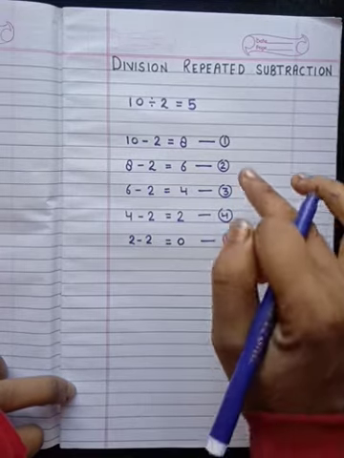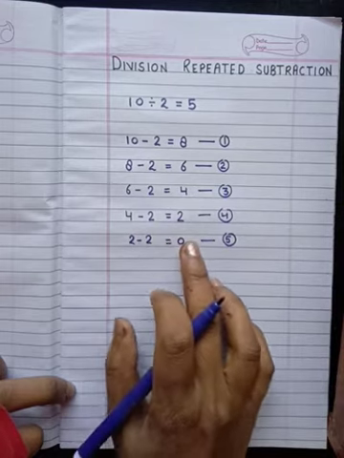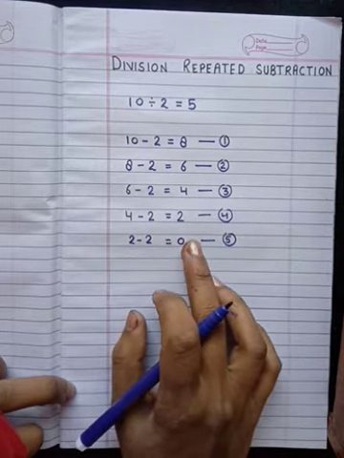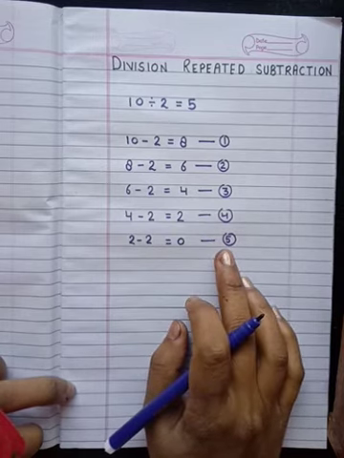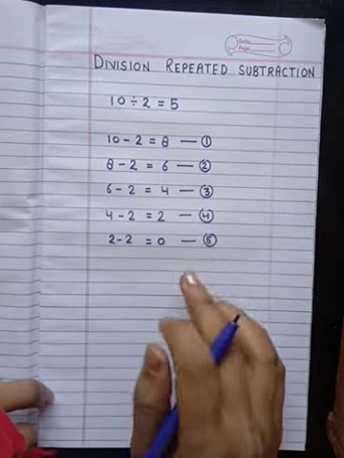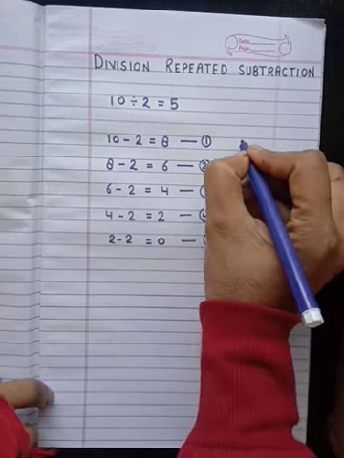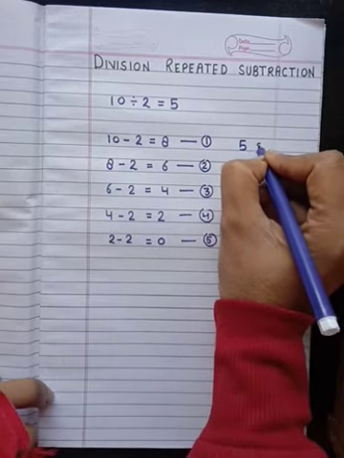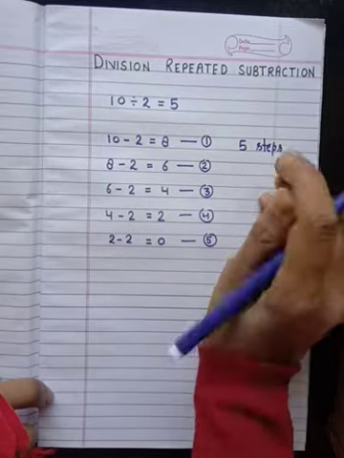So we have taken these 5 steps to get the 0. Students, is it the quotient? Yes. Now you can see here how many steps? 5. We have taken 5 steps to get the 0.